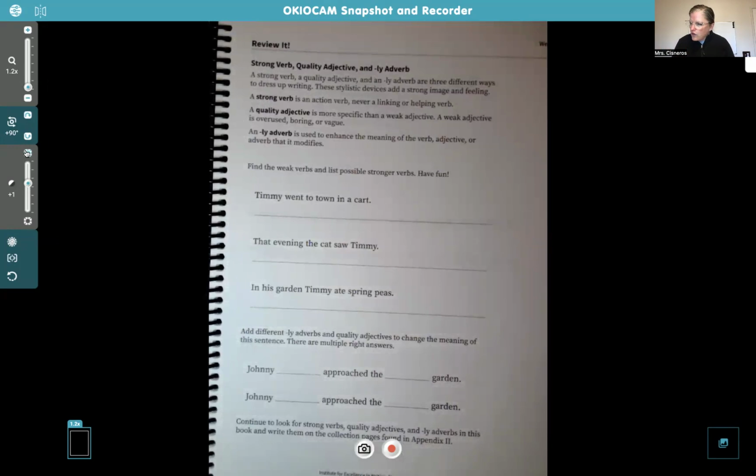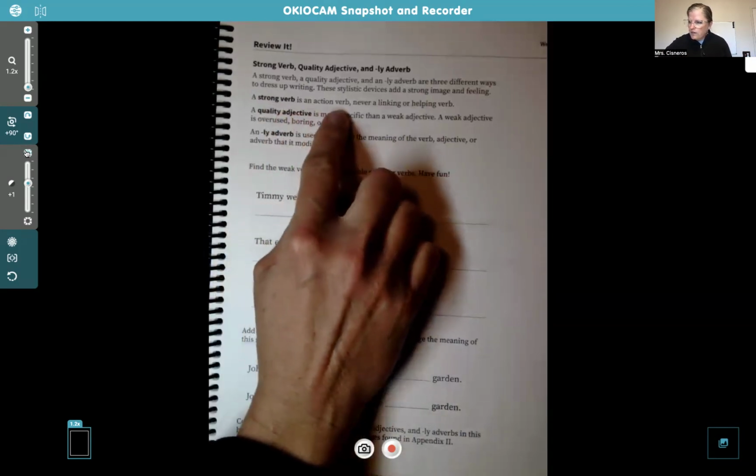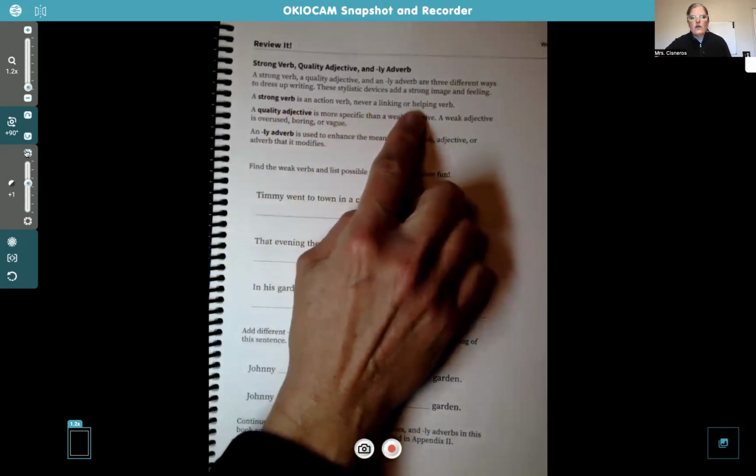It just says a strong verb, a quality adjective, and an ly adverb are three different ways to dress up writing. These stylistic devices add a strong image and feeling. So these are dress ups that we use on our checklist. The strong verb is an action verb, never a linking or helping verb.